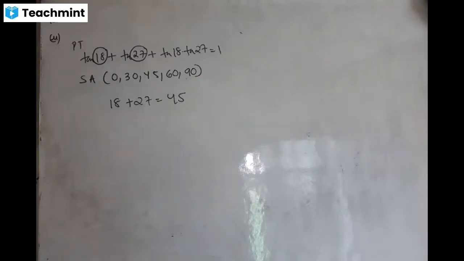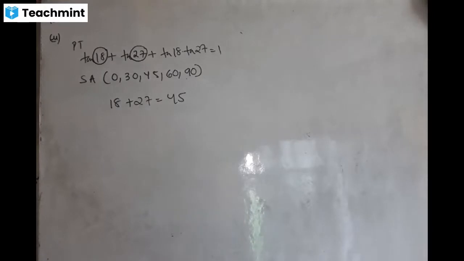I need to use these angles, write a plus or a minus sign and get a standard angle. If I write a plus sign, 140 plus 110 is 250. 250 is not a standard angle, so plus won't work. But if I write 140 minus 110, that is equal to 30. That gives me my standard angle.